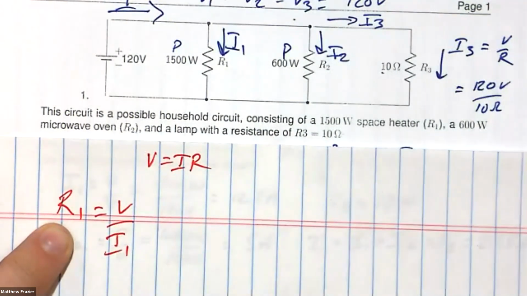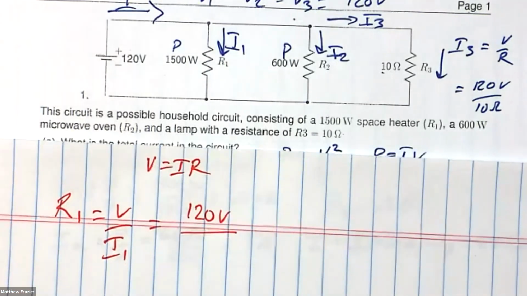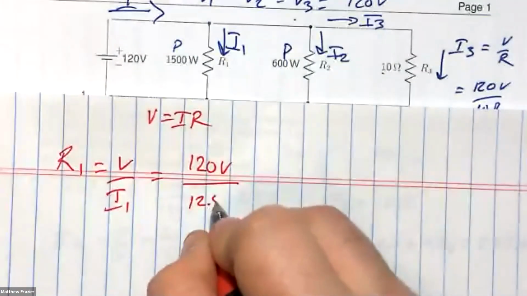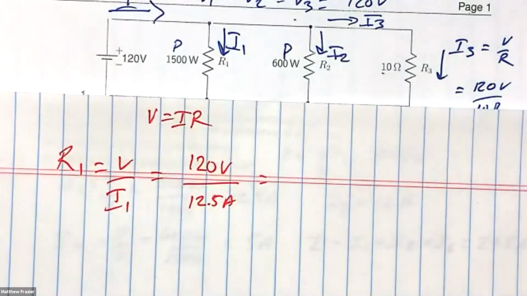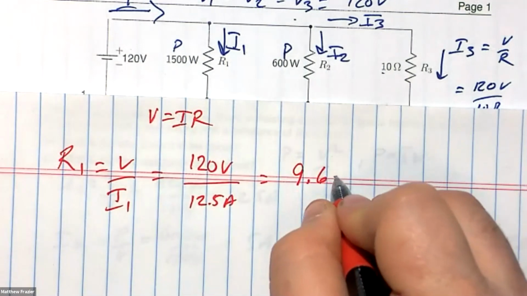R1 is V over I1: 120 volts over 12.5 amps. 120 divided by 12.5 is 9.6 ohms.